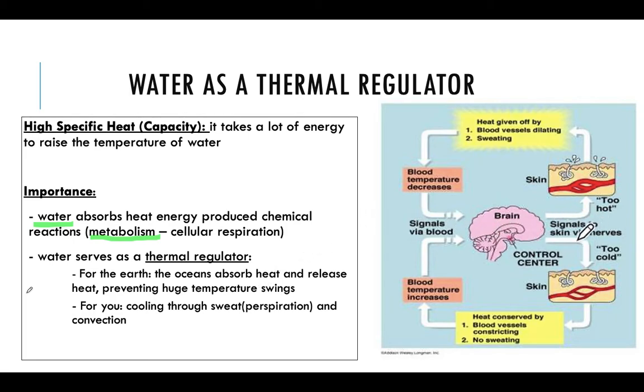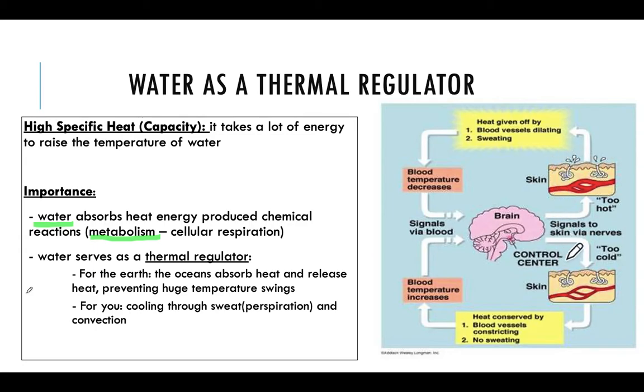When you get too hot, your brain tells your body to sweat. The sweat on your skin will evaporate, and that process of evaporation will help pull heat out of your body and lower your body temperature.